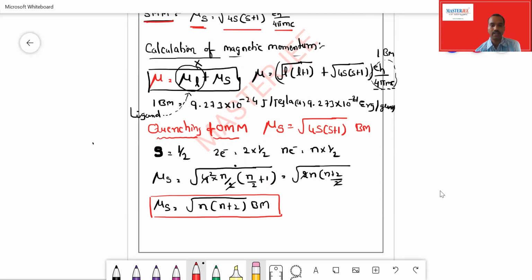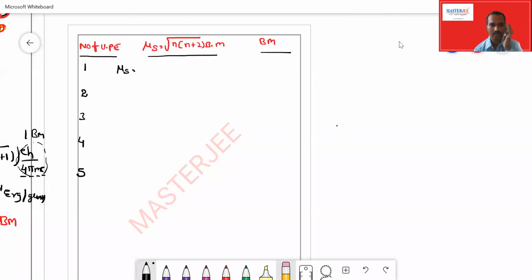For example, if the number of unpaired electrons is 1, then its spin only magnetic moment will be mu is equal to root over 1 into 1 plus 2. That is root 3, and root 3 is 1.73 Bohr magneton.